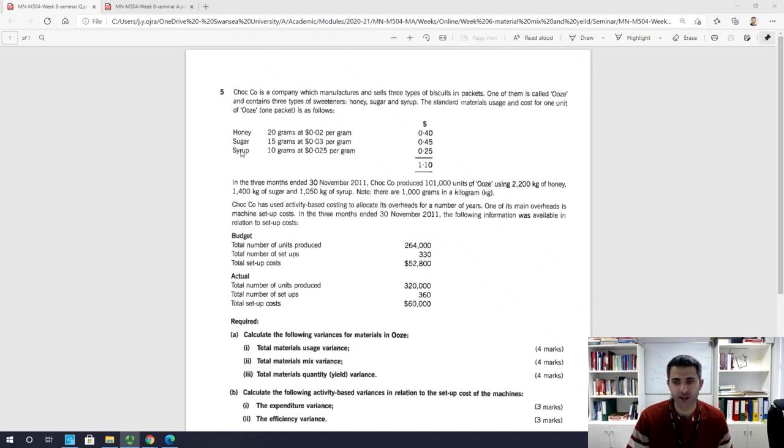Now in terms of the actual figures, we have 101,000 units produced, which is the output.